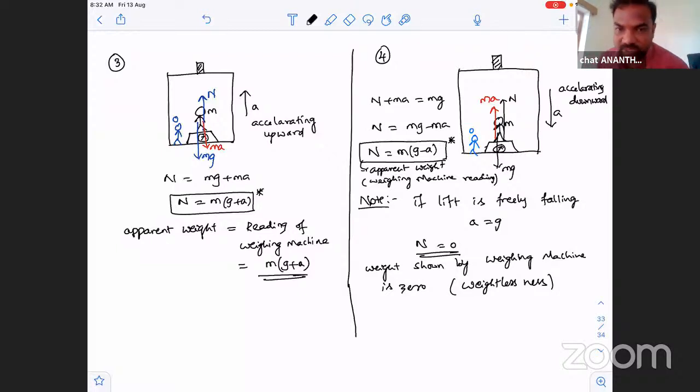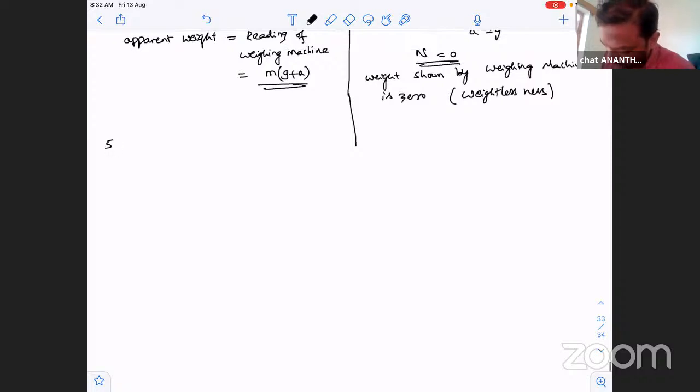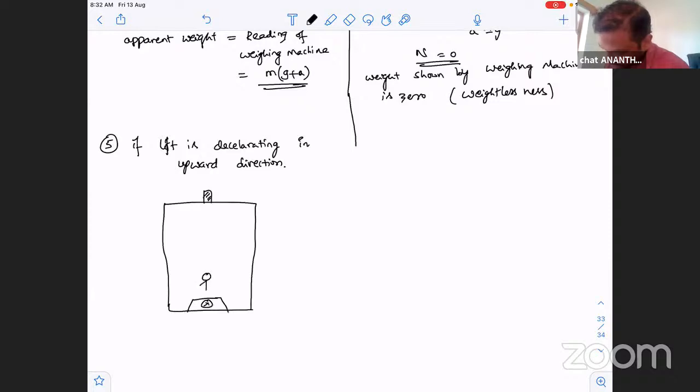Okay, so decelerating upward and decelerating downward. The fifth situation: if the lift is decelerating in the upward direction, a man is standing on the weighing machine.